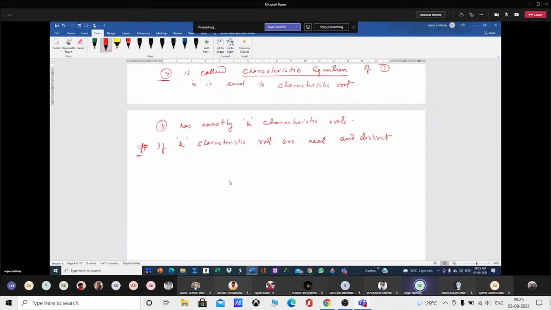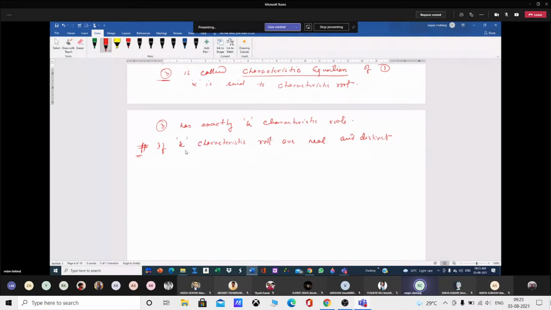It may be that when you are solving the characteristic equation number 3, you get different values, and these roots may be equal, may not be equal.